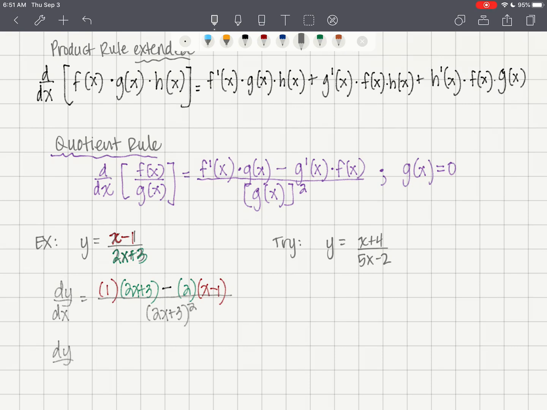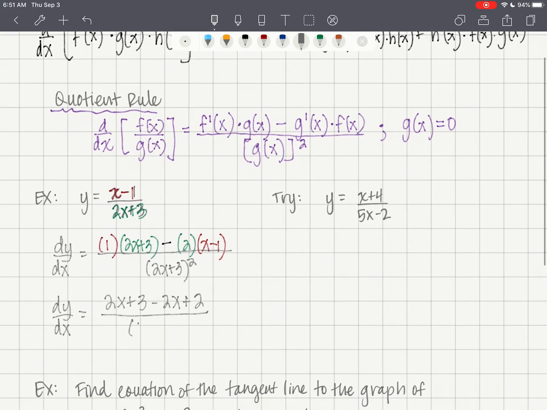Now we simplify. Sometimes it's not the calculus that causes us the problem, it's the simplifying. That's why college algebra is such an important preparation for moving on to higher levels. So we've got 2x plus 3 quantity squared, 2x minus 2x cancels out, and I get 5 over 2x plus 3 quantity squared.